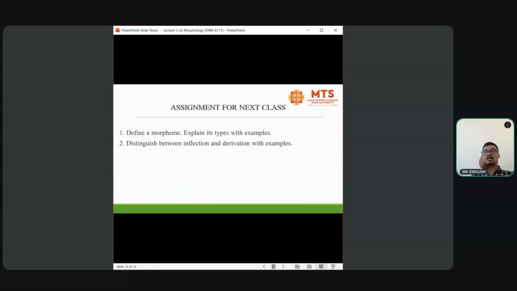So try to define morpheme and provide examples from English words. Try to solve this and share it with me via email or WhatsApp. Also, after defining morpheme, try to explain its types. What are the types? Free morphemes and bound morphemes, right? So try to provide examples.